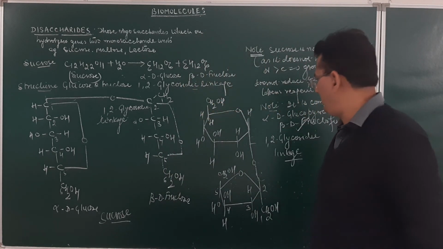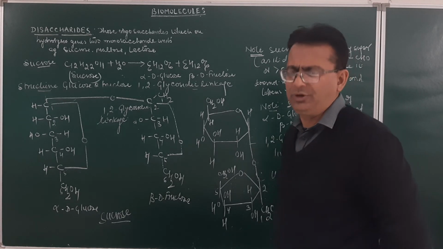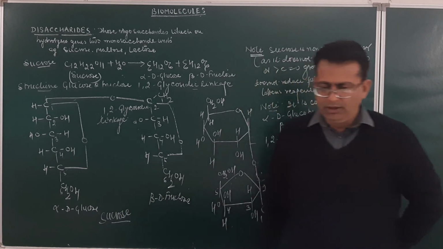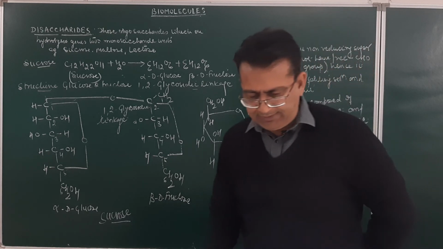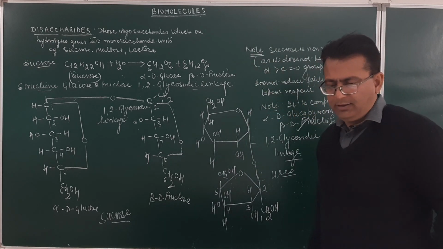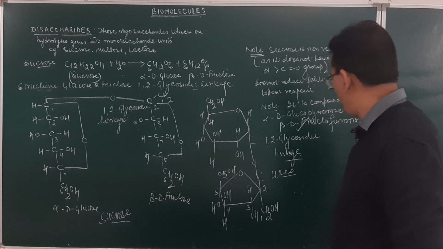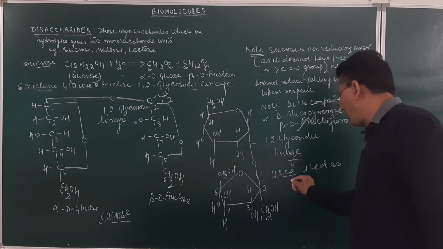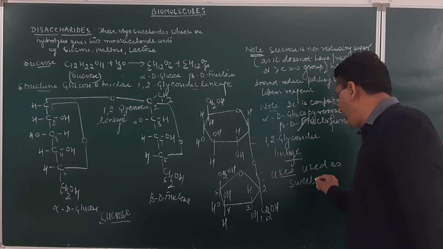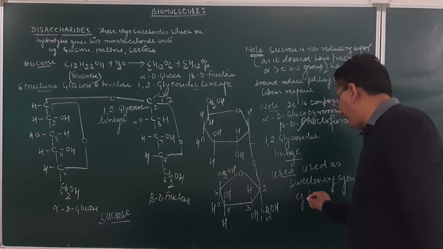Now as far as uses of sucrose are concerned, it has very common use in day-to-day activities. It is used as a sweetening agent in jams, jellies, etc. and for the preservation of the food products. So used as a sweetening agent, example, syrups.